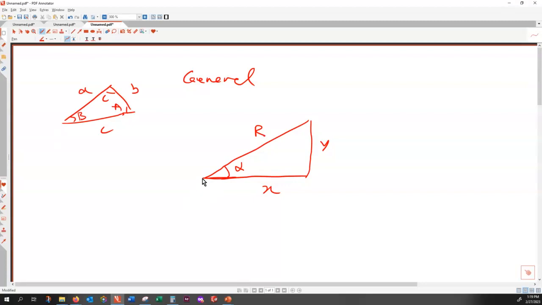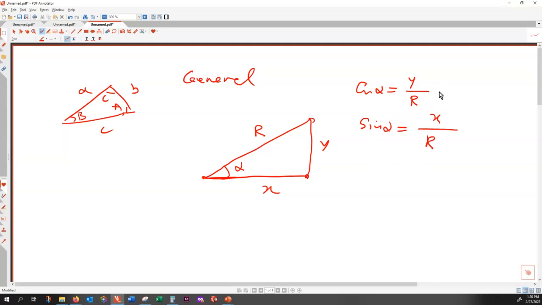So just try to remember from high school, how did we write the trigonometric functions here? I know that cos alpha is equal to y divided by hypotenuse, isn't it? And also, I know that sine alpha, these are the definitions, is x divided by r.